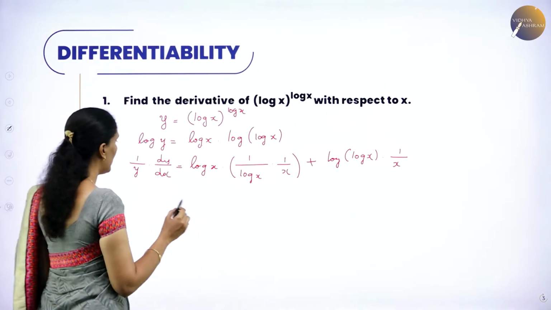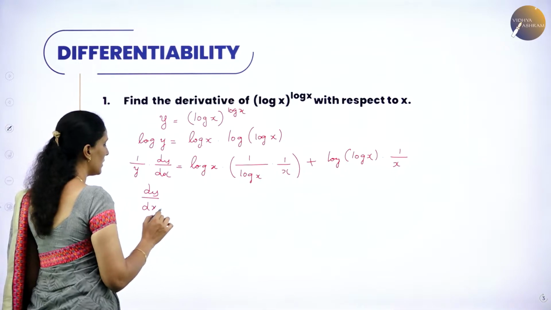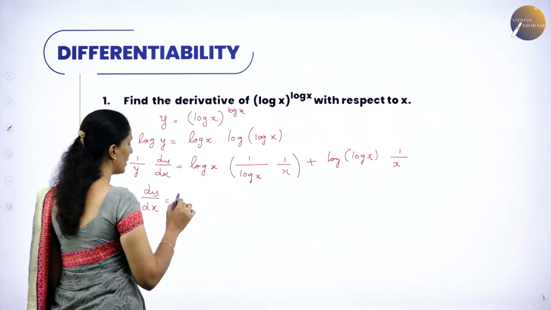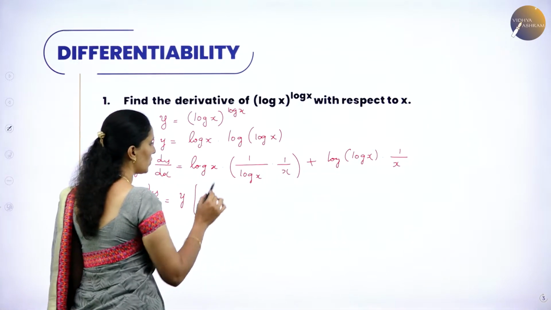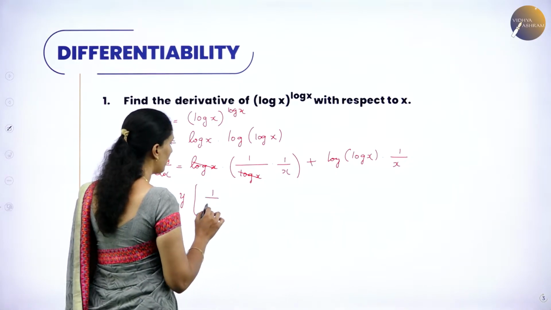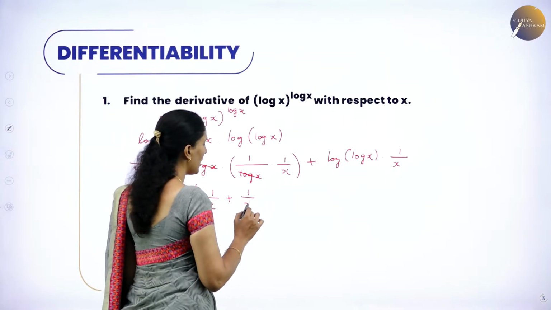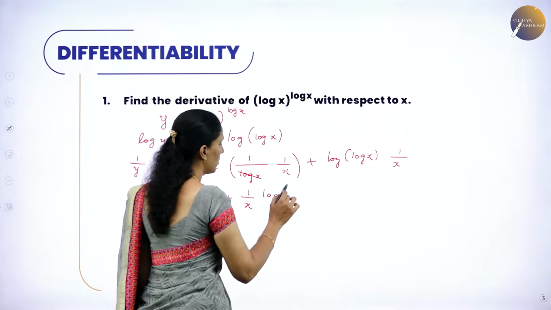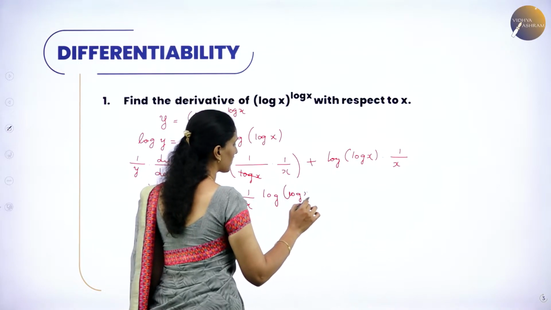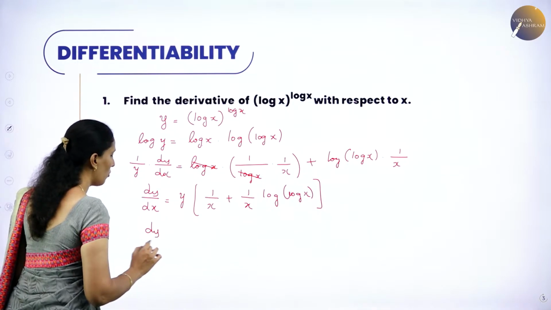So now let us write here. dy by dx is equal to, so let me shift y here. So y into, log x cancels here. So we get here 1 by x, and there we will get 1 by x log of log x. So replace back the value of y.